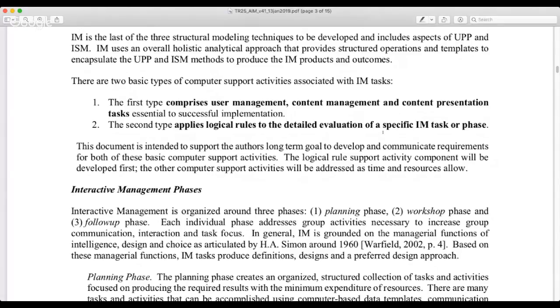So we're looking at separating and modularizing the software functions in a way that we can clearly identify which task in IAM is associated with which software function.